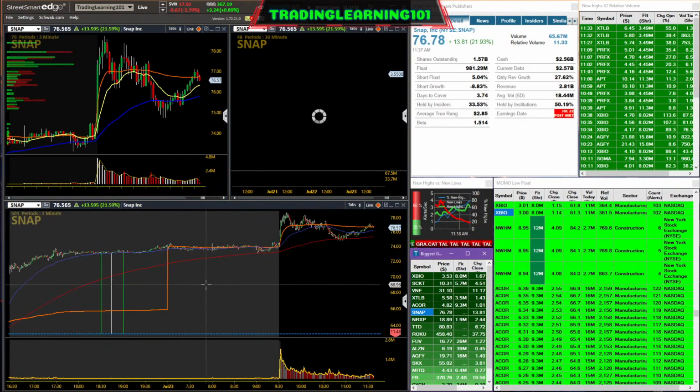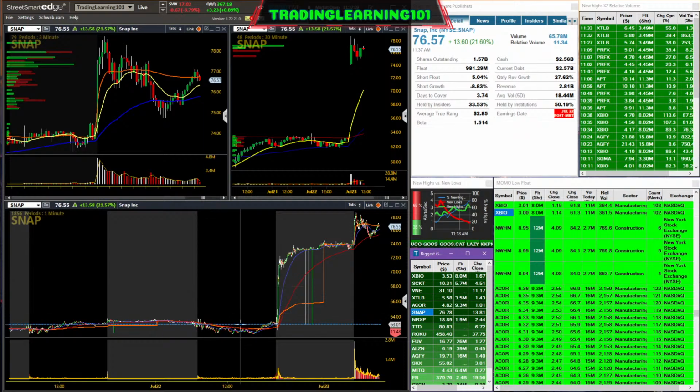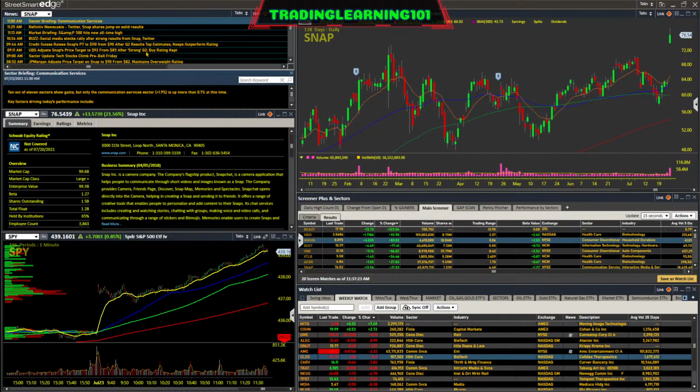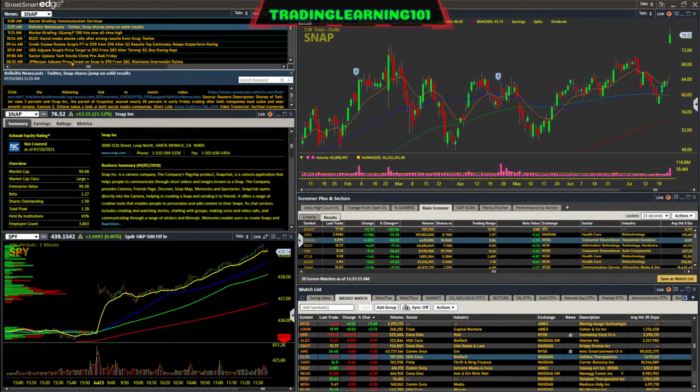Snapchat was also getting a big gap up this morning. Snapchat from 63 gaps up to a high of $74 pre-market. Opens and rips up to almost $79. What happened with Snapchat? They had to have put out earnings. Okay.